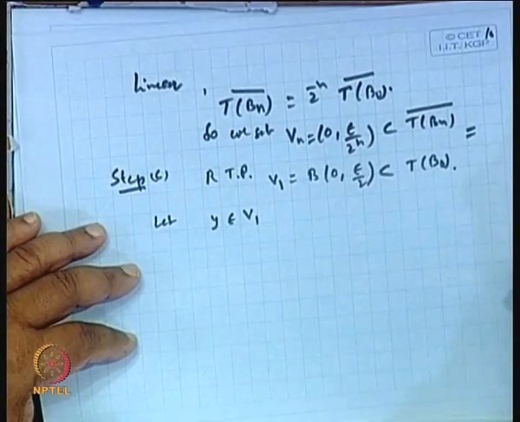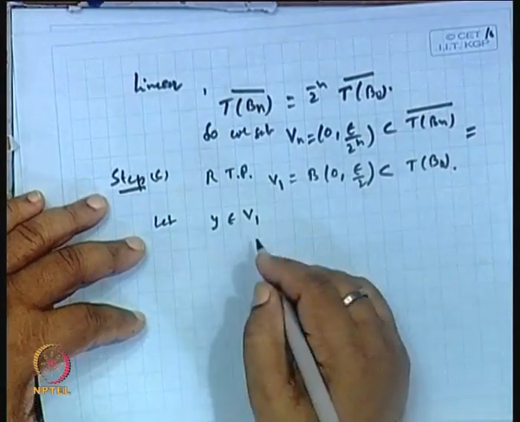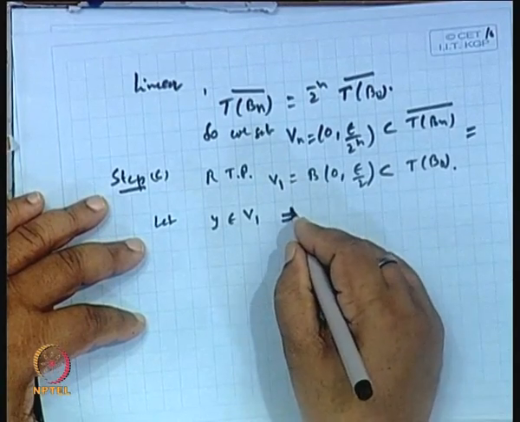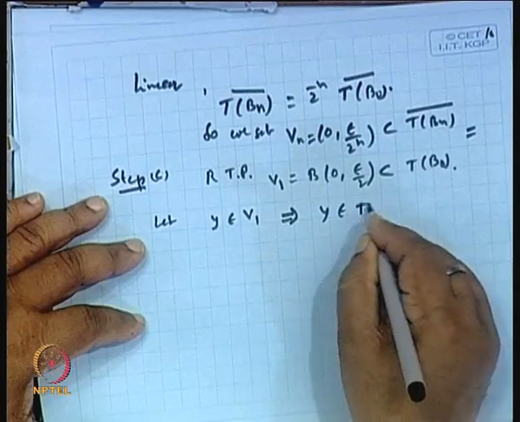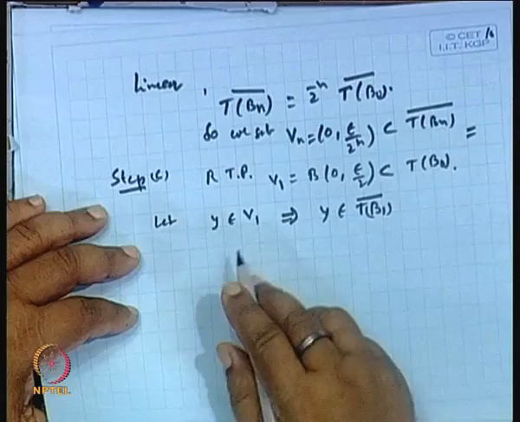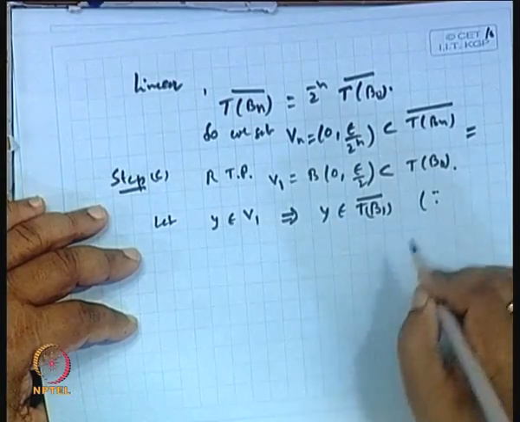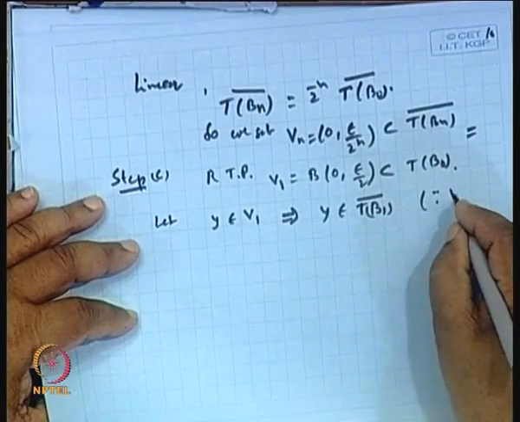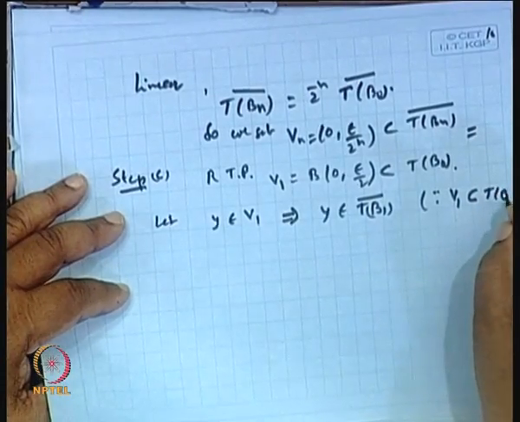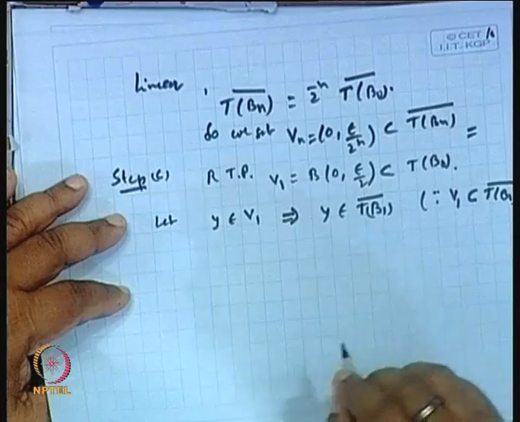Then y will be in T B1 closure. Why? Because V1 is a subset of T B1 closure, which was proved earlier.